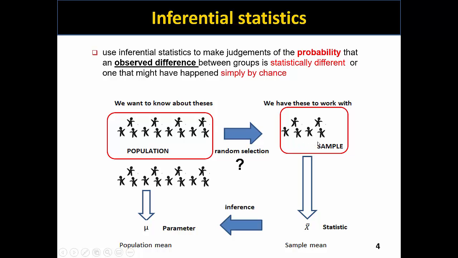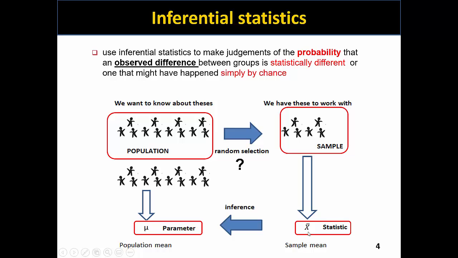From the sample, we make observations, we collect information, and we quantify the information as data, and we calculate various sample statistics. One example is X bar, which is the sample mean. And from the sample statistics, we then infer that the sample statistics are reflective of the population parameter mu, which is the population counterpart to X bar.